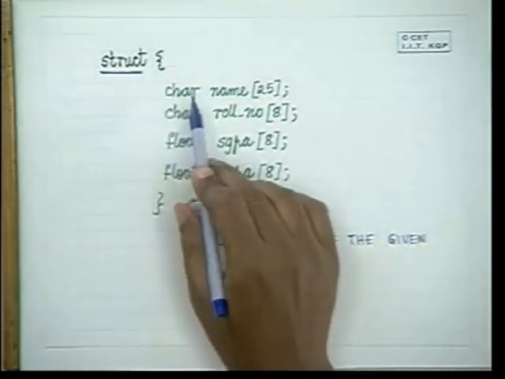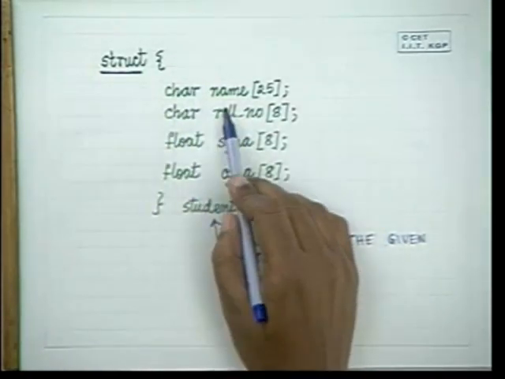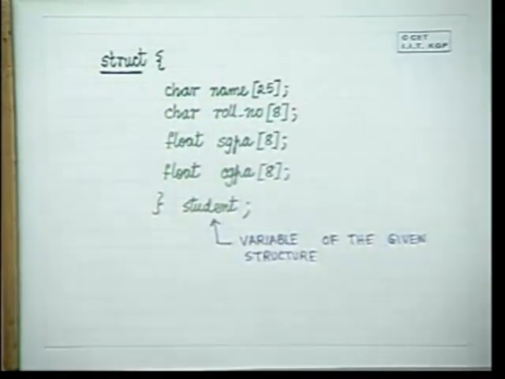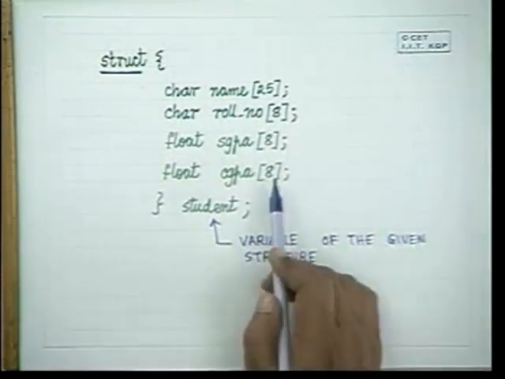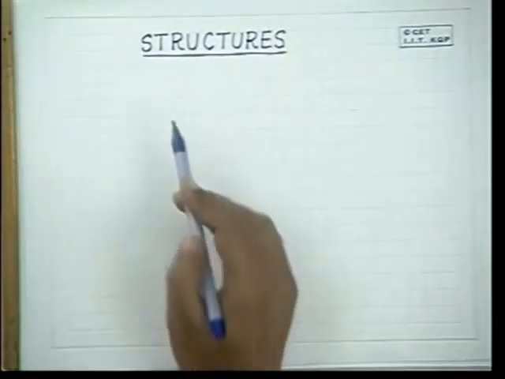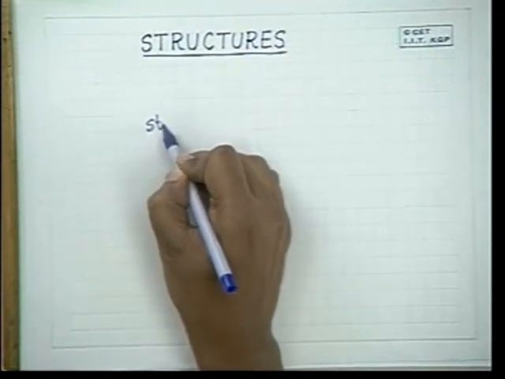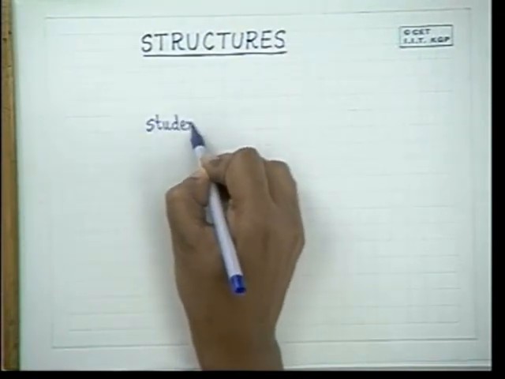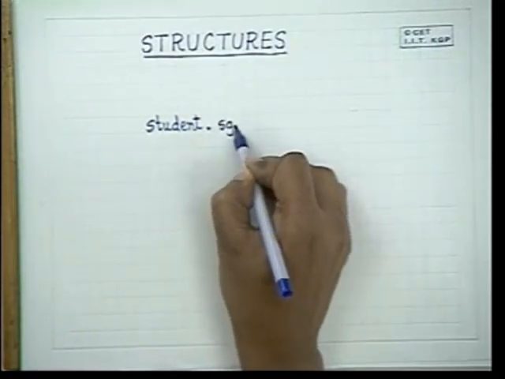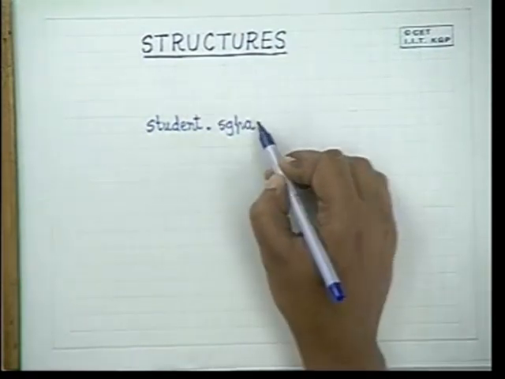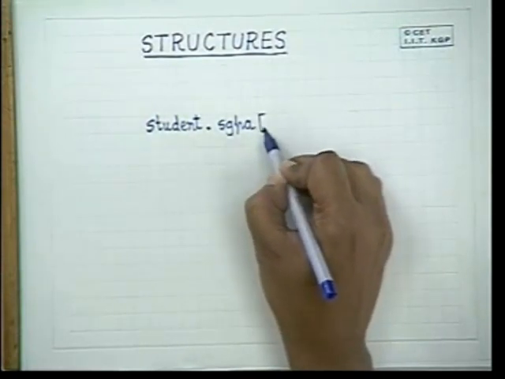Now in order to access any element here, say suppose I want to access the SGPA of the third semester, then what I would do is student dot SGPA, third semester, indices 0, 1, 2, so 2.